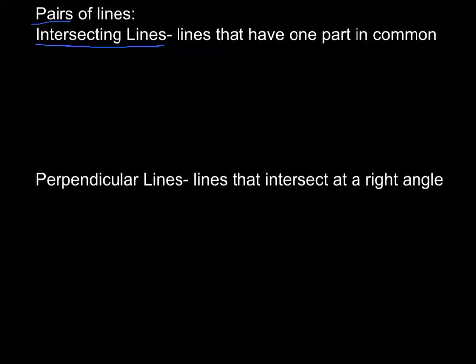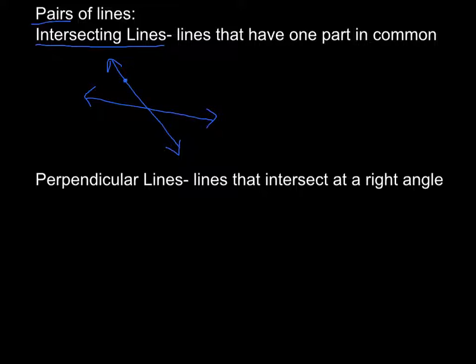Okay, so if we have two intersecting lines, they're lines that have one point in common, and they would look something like this. Again, they're lines, so they're going to go on forever. Okay, so we have to make sure we put our arrows on the end.